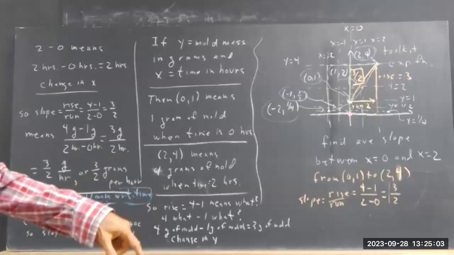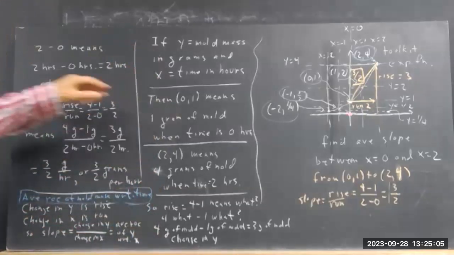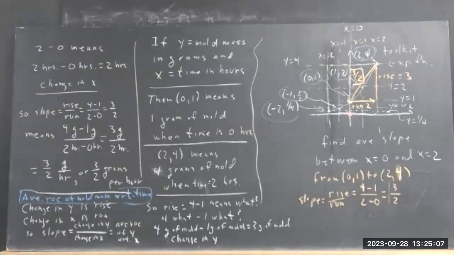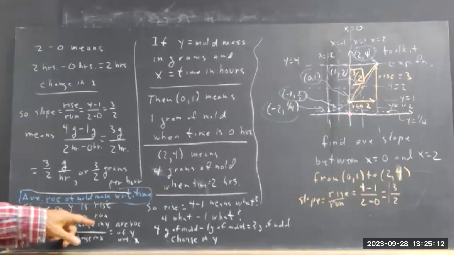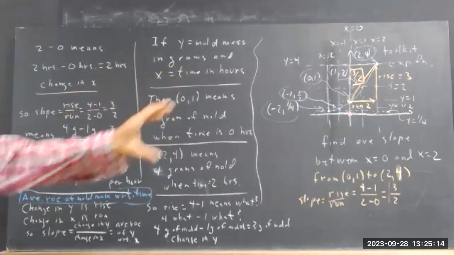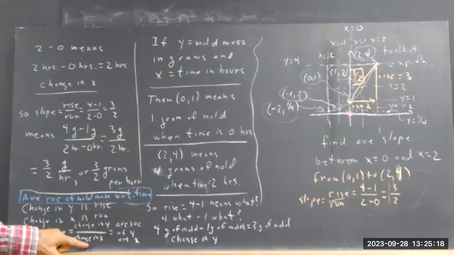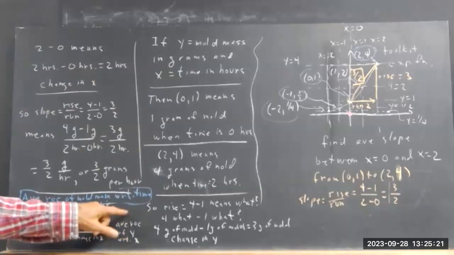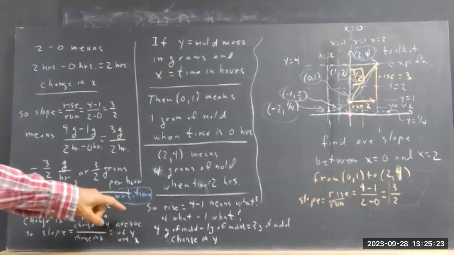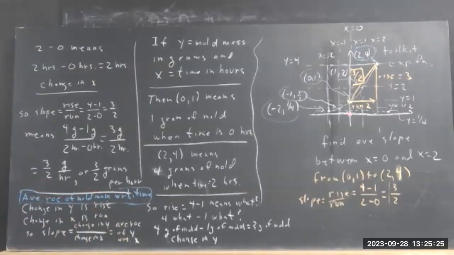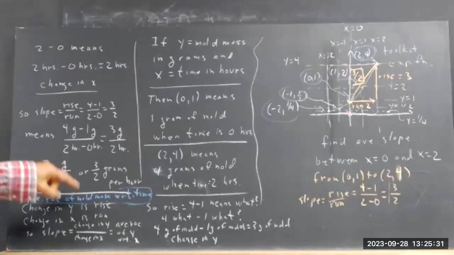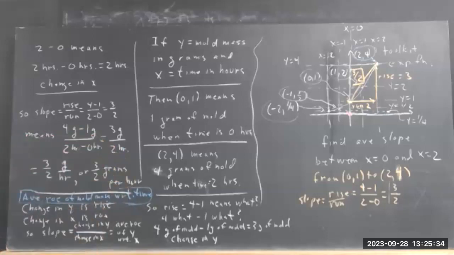Now that might be where I stop, but it doesn't hurt to see it again quickly if you need it. Okay. So the change in y is the rise, the change in x is the run. That's a clear identification. So the slope is change in y divided by change in x. And that means, in terms of the definition, average rate of change of y with respect to x. And then that is the average rate of change of mold mass with respect to time.